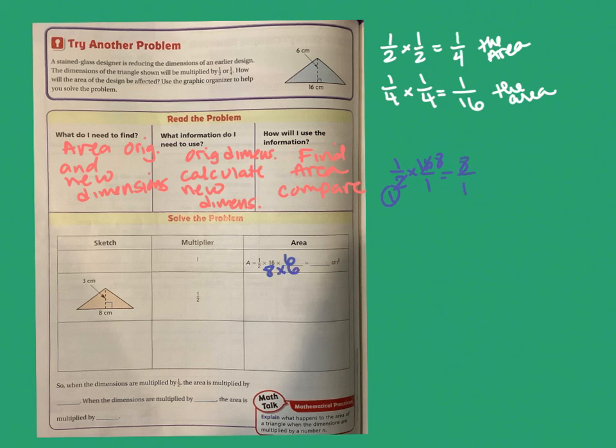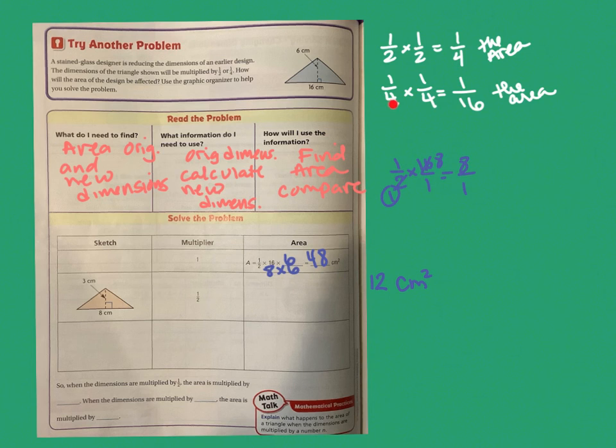Then I'm going to do the times 6 part of that. That's 48. So our hypothesis is that if I reduce both dimensions by half, then my area is going to be 1/4 of 48. So 4 divides into 4 once and into 48 twelve times, so it will be 12 centimeters squared is our hypothesis for this one where they cut it in half.